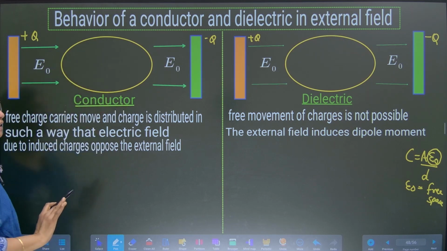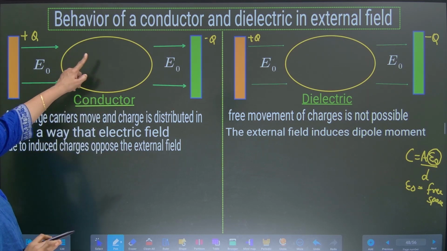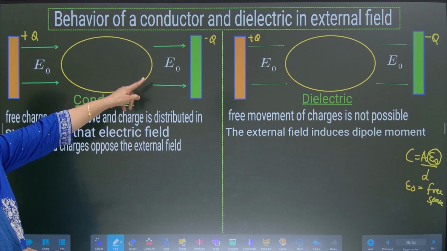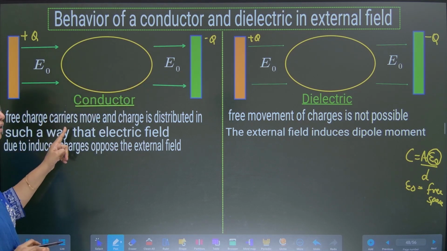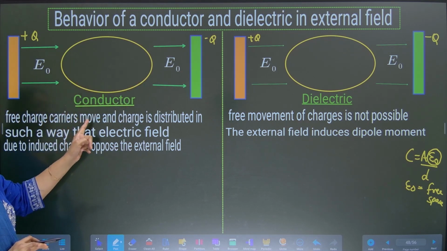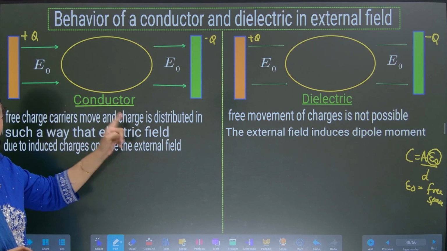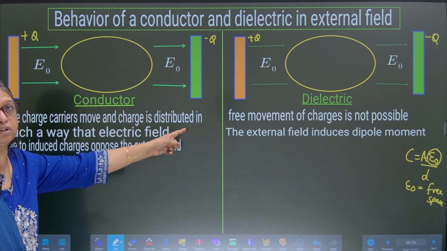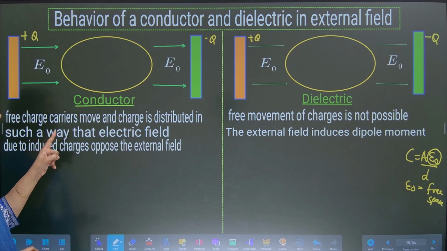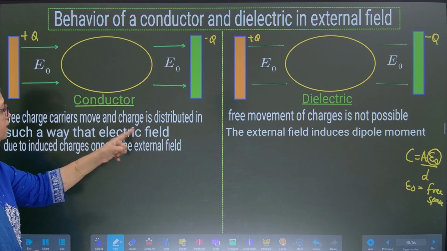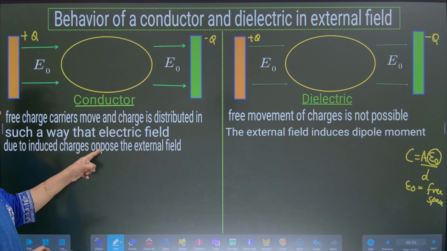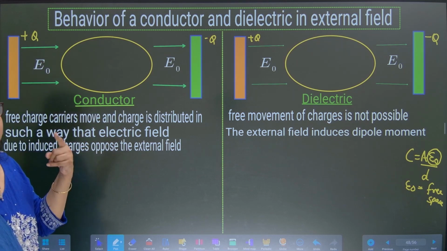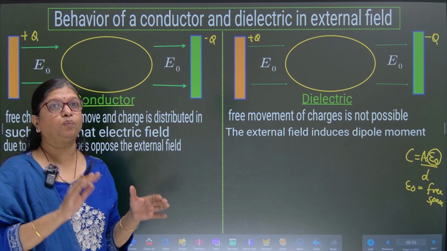As soon as I place a conductor in the external electric field, free charge carriers inside the conductor will move, will drift, and they will distribute themselves in such a way that the electric field due to the induced charges opposes the external field. Okay, so what will happen?